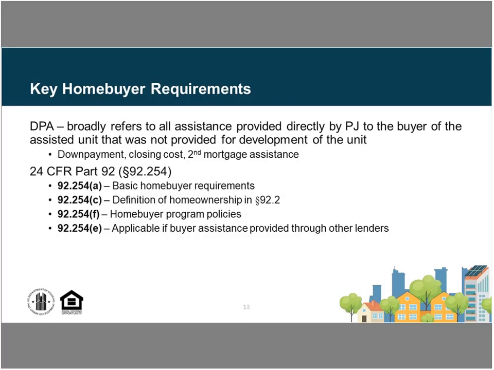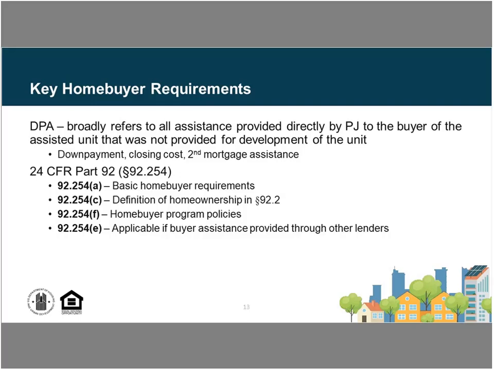You hear that phrase, words matter. Well, in the HOME program, definitions matter, and they matter a lot. So anytime you get referred to 92.2, please go there and look up that particular word, because some of the requirements are only in the definition and not in the later sections.